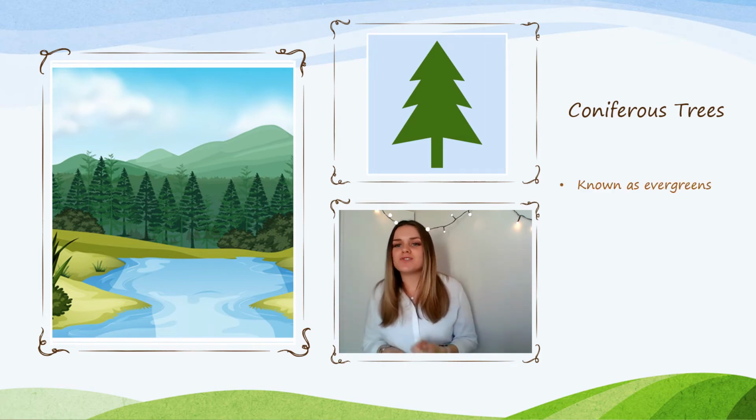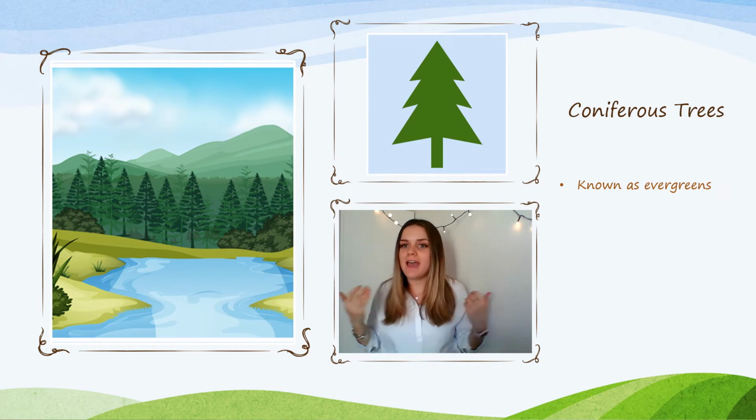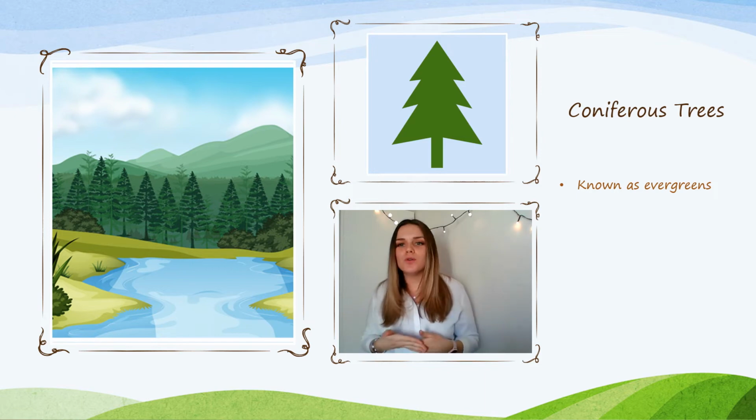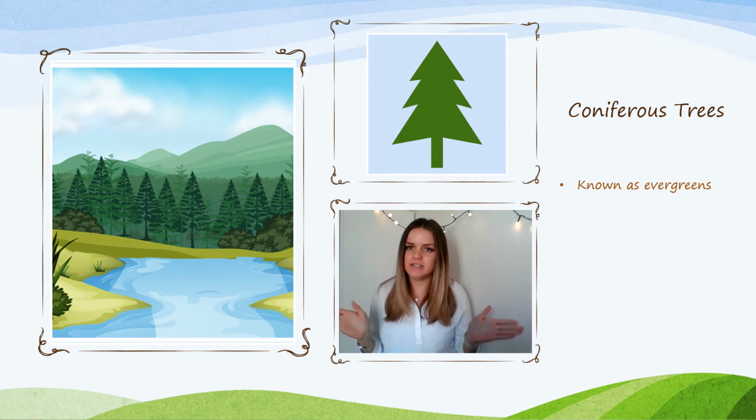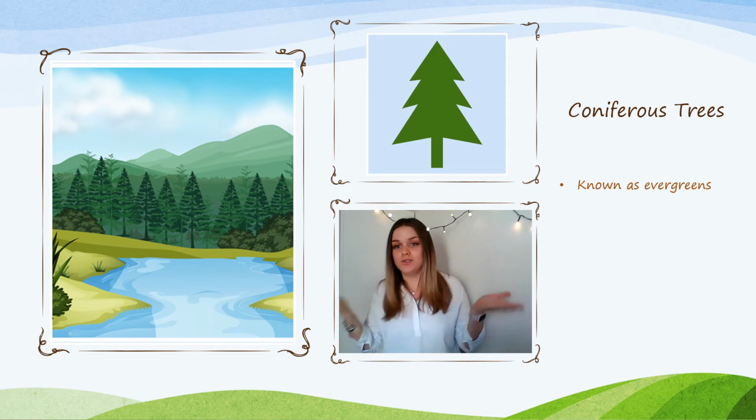Now, coniferous trees can also be known as evergreens. You may have heard this word before. A lot of people call these trees evergreens instead of coniferous trees. Now, evergreens are technically a subcategory of coniferous trees. However, almost all coniferous trees are evergreens. And like the name says, they are evergreen.